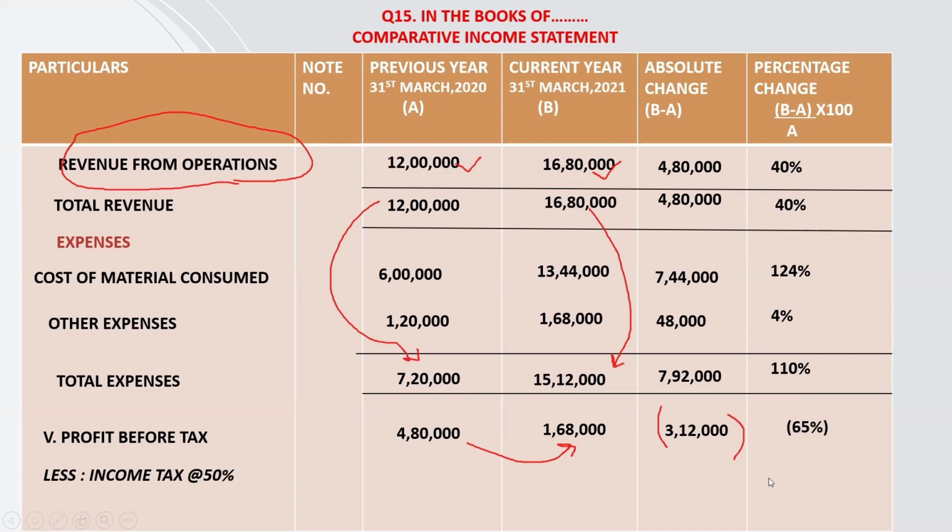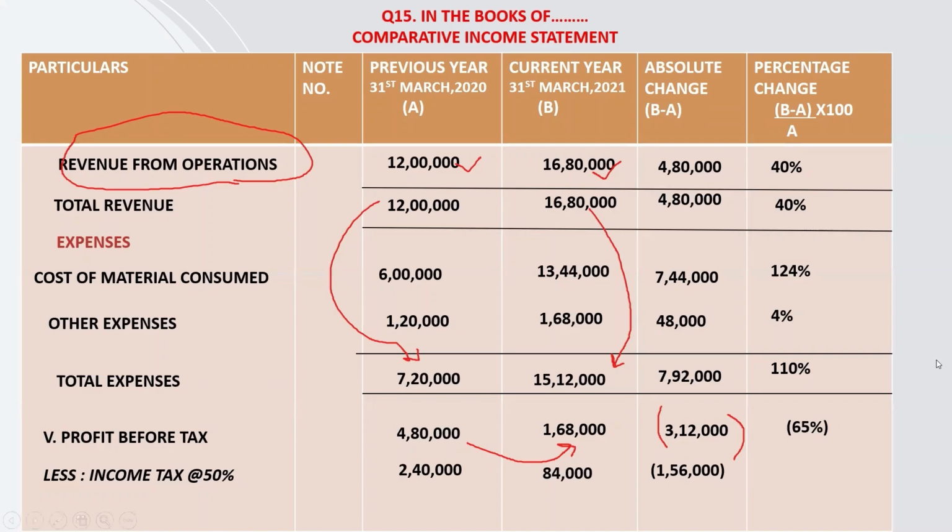Now the income tax rate is 50% in both cases, which means the percentage change in income tax will also be 65%, and the change in profit after tax will also be 65%. Now 50% of profit before tax, 4,80,000, is 2,40,000. 50% of 1,68,000 is 84,000. The difference is negative 1,56,000.